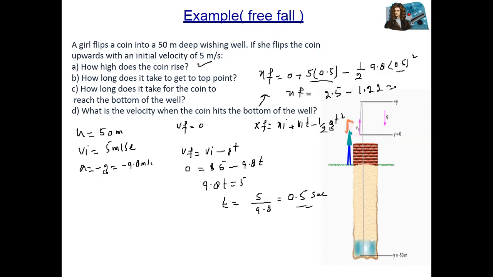So when you subtract 2.5 minus 1.22 equal to 1.28 meters. This is the maximum height reached. For example, the coin reached there.